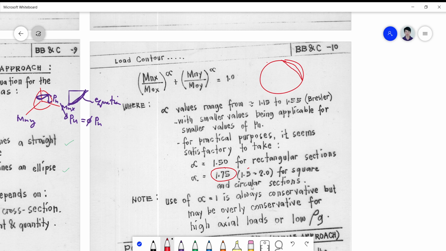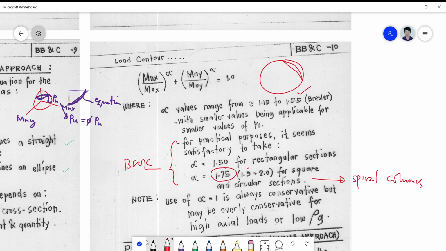Of course, I'm referring here to a spiral column, not just a circular section. But if you only have a circular column which is not spiral, I suggest you stick with the range of Bressler here. This range here is for practicality defined on the book, which is not consistent with Bressler in terms of this square and circular section there.